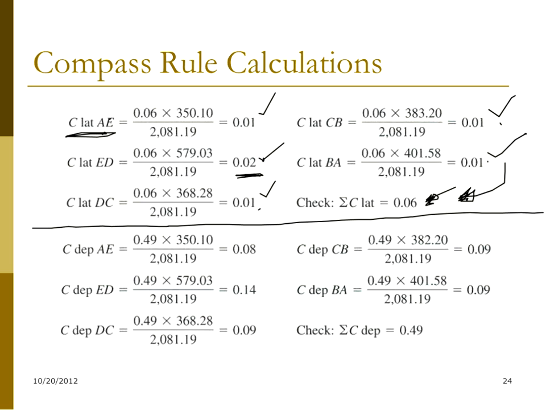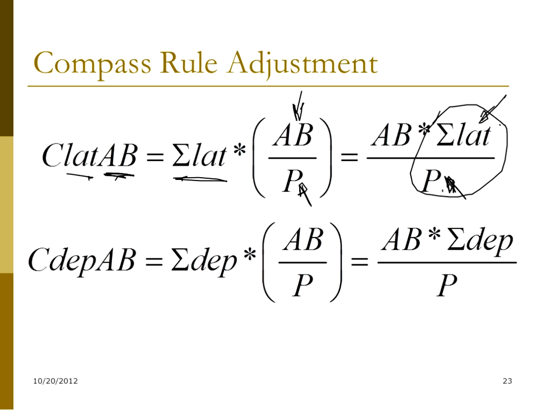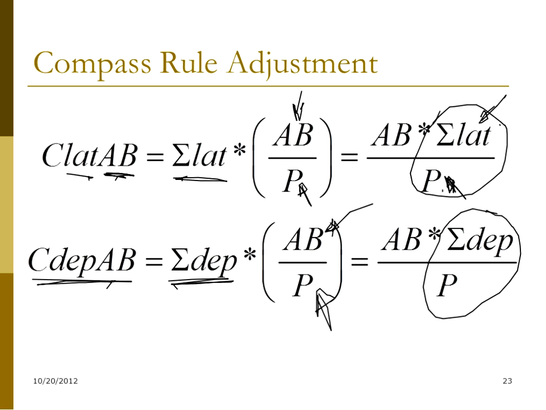The departure works in exactly the same way. The correction for the departure of a segment is equal to the sum of the departures times the segment distance divided by the perimeter of the traverse. Again, these two values here are constant for each traverse.